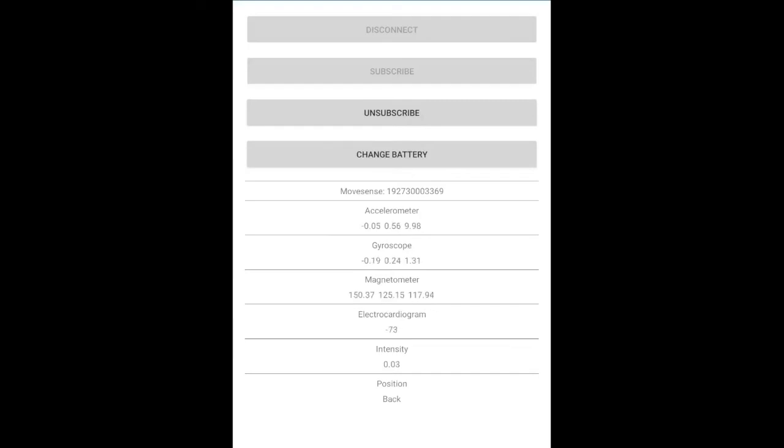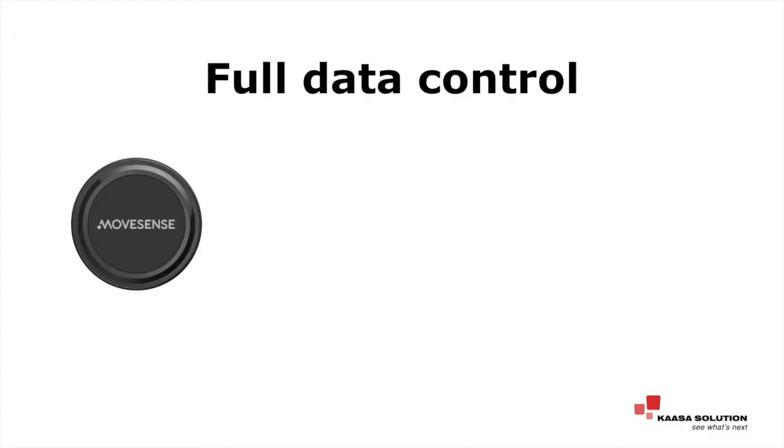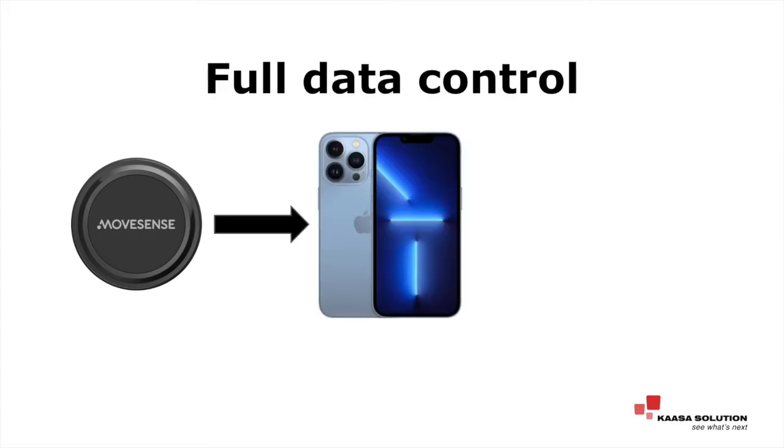So next one will be full data control. What do we mean by full data control? With full data control, we mean that you always know where the data is, or if you just want to have the pre-processed data on the sensor, you can keep it there. It doesn't go anywhere else. However, if you want to do really long recordings, you need to have some kind of storage if the memory of the sensor runs out.